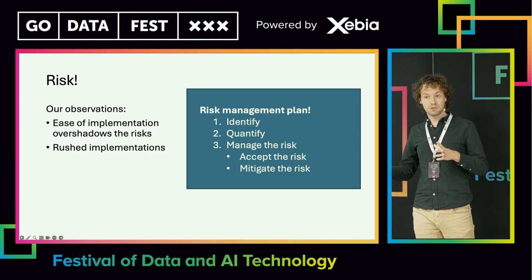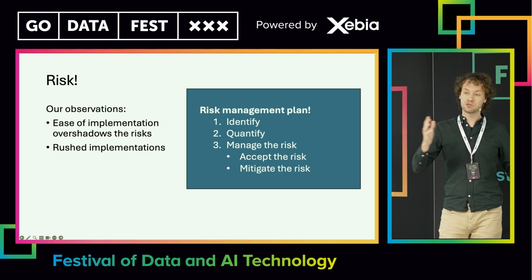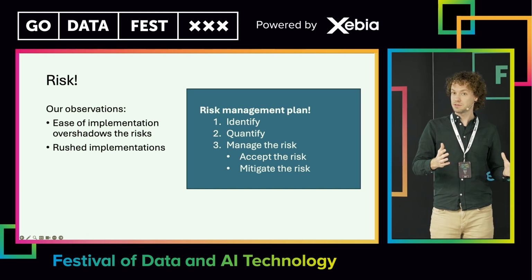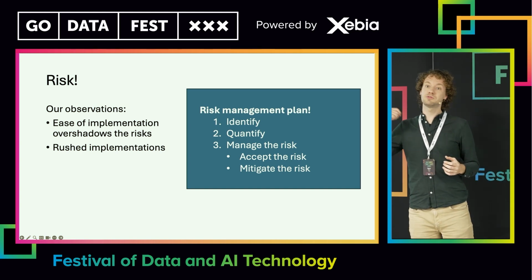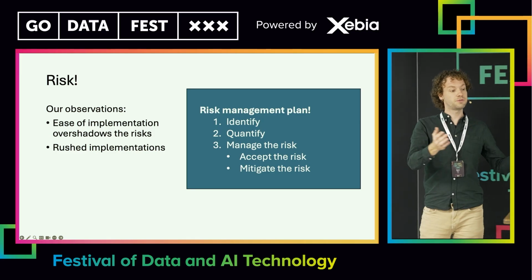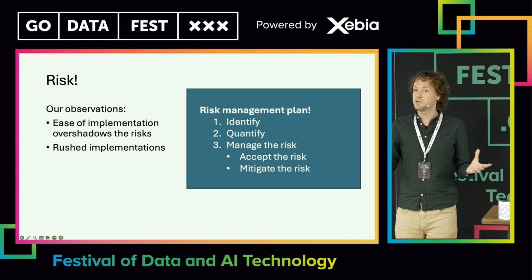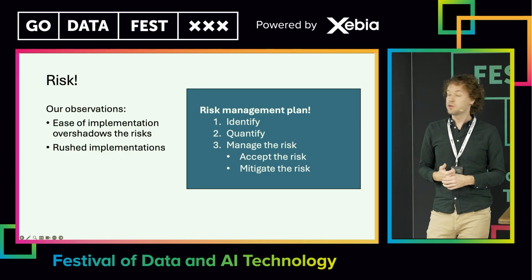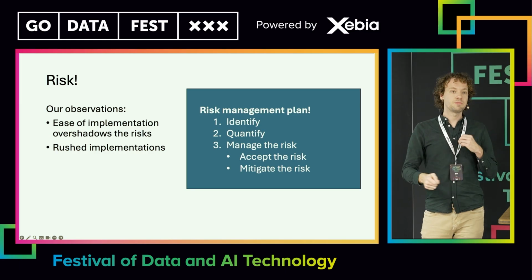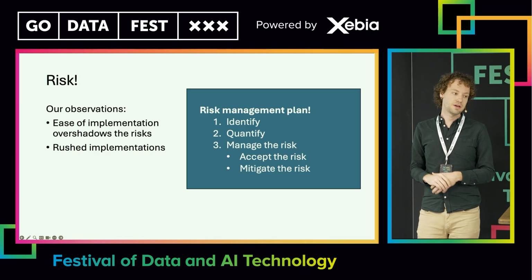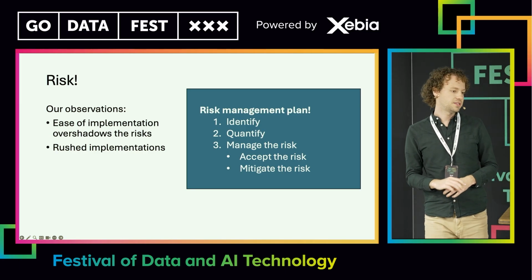And for management of a risk, there are 2 actions possible. Either you accept the risk, but then again, to be able to accept the risk, you first need to quantify it, because otherwise you don't know what you're accepting. Or you mitigate the risk. You take some actions to reduce the impact of the risk.